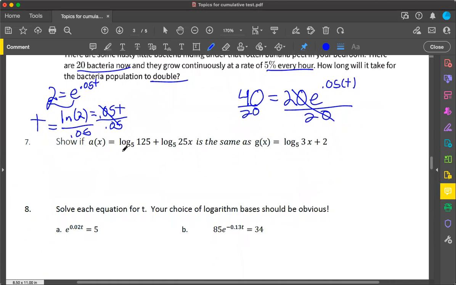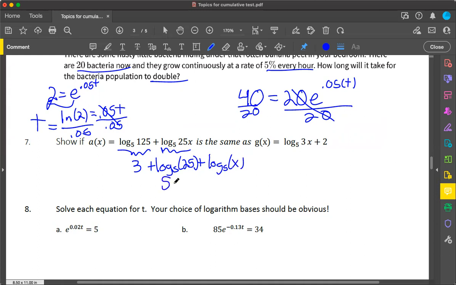Key thing here, show if it's the same as that. So what could you do? You could evaluate this as 3. You can rewrite this as log 5 of 5 plus log 5 of x. This is just 2.